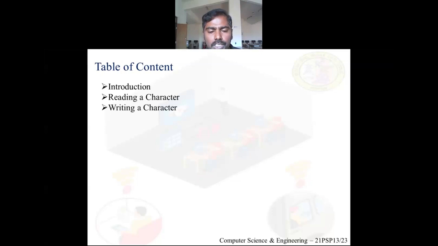The third essential function is to write, or display, the output on the screen. So I repeat, there are three essential functions of any program: one is to read an input, next is to process, and the third is to write an output.